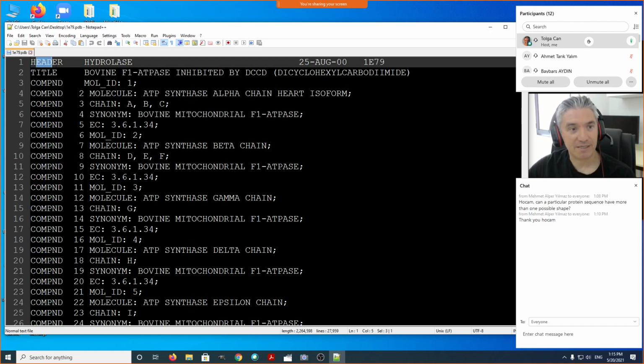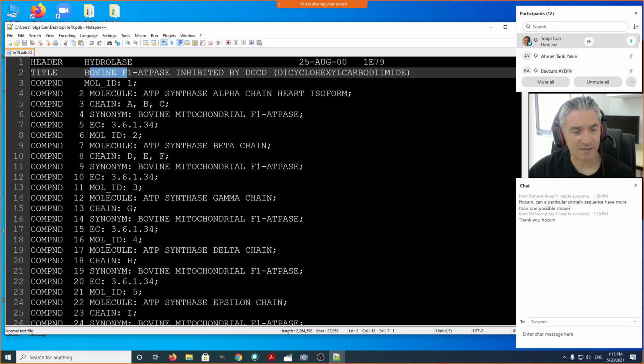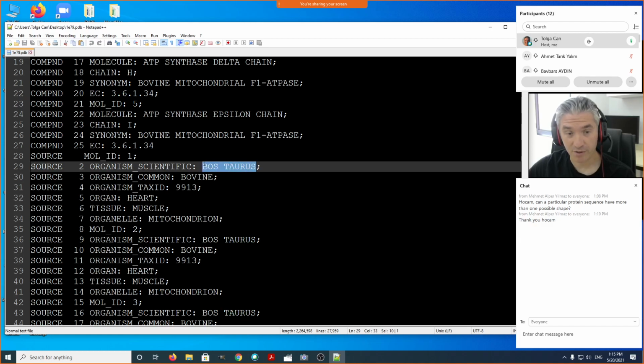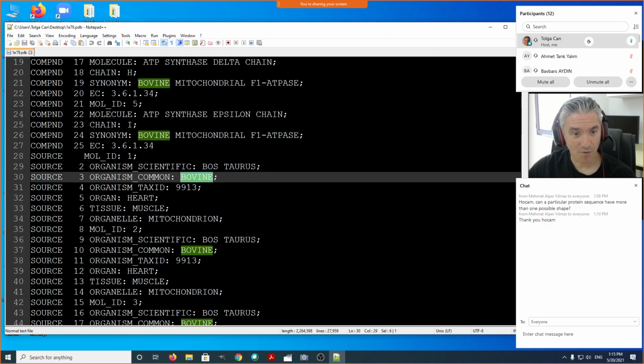So for example, the header is hydrolase. So this 1E79 is also known as hydrolase. This is its title. This is the source organism. It's from Bos taurus. Organism's common name is bovine.